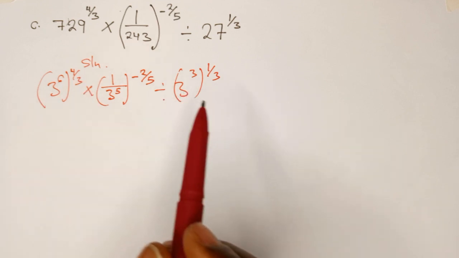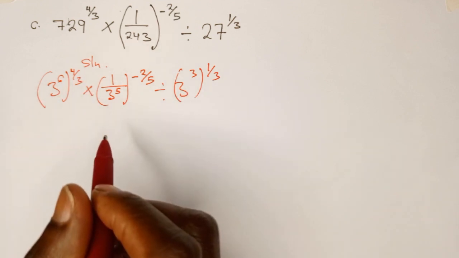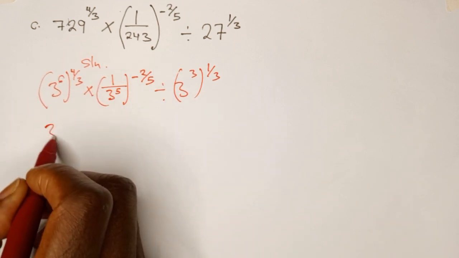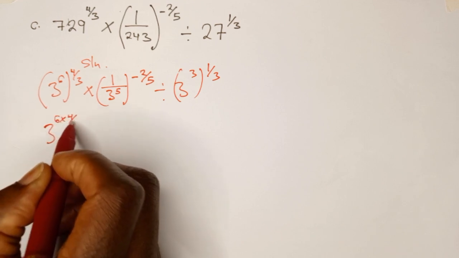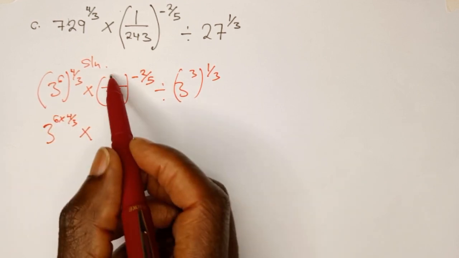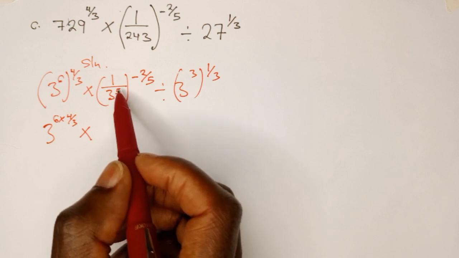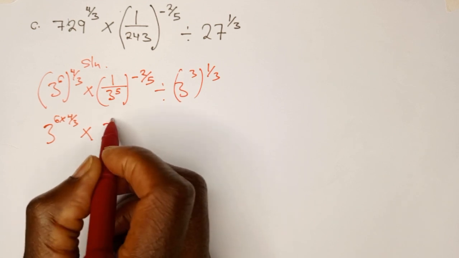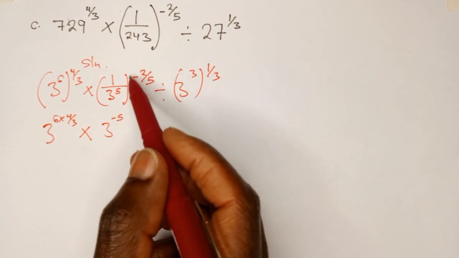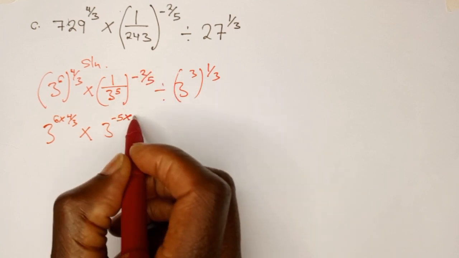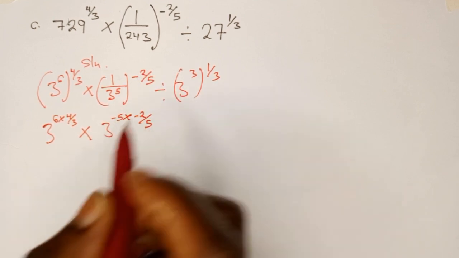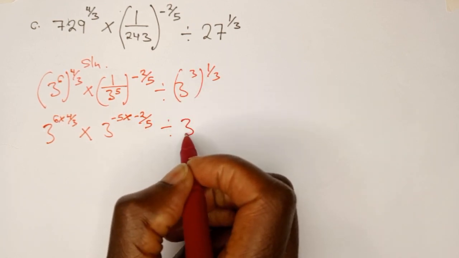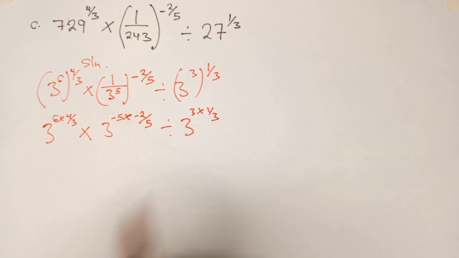Now we follow the laws of indices. We use the power law, so it will be 3 raised to 6 times 4 over 3, times 1 over 3 raised to 5, which using the negative index law can be written as 3 raised to negative 5. Then we multiply by the power negative 2 over 5. Then divided by, using the power law, 3 raised to 3 times 1 over 3.